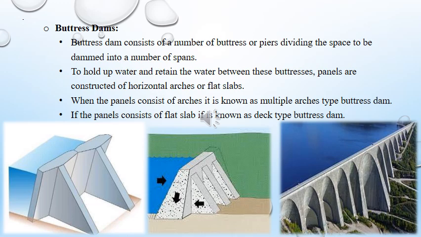So, efforts have been made from time to time to achieve economy in the use of concrete by cutting down the concrete from those dam portions where it remains unstressed, and therefore hollow gravity dams were provided. Buttress dams are an improvement over the hollow concrete gravity dam.